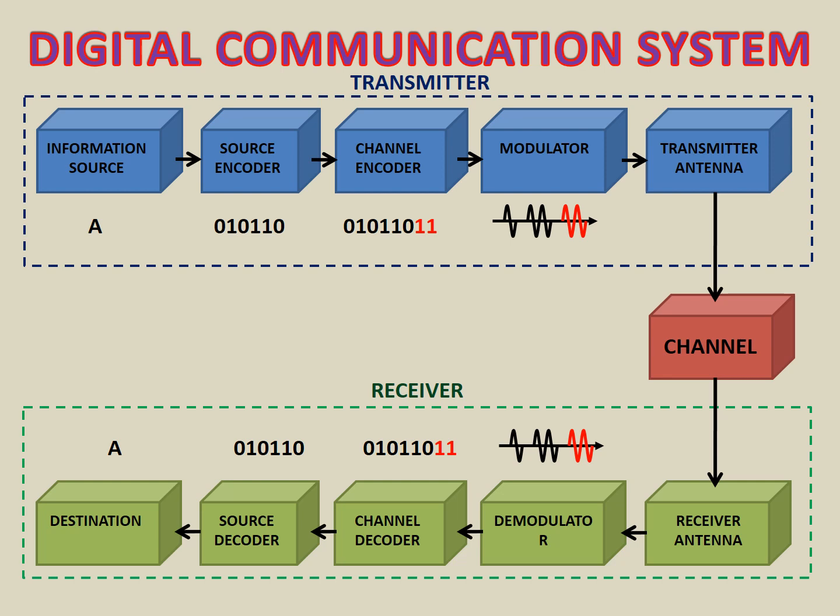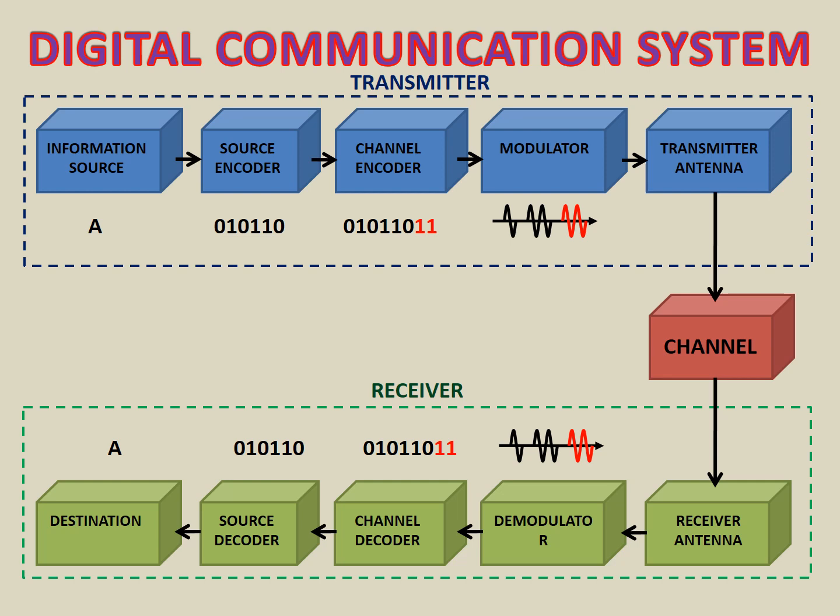Now start with the first block in the transmitter, which is the information source. Information source is the first block of digital communication system which generates the information which has to be transmitted through the system.